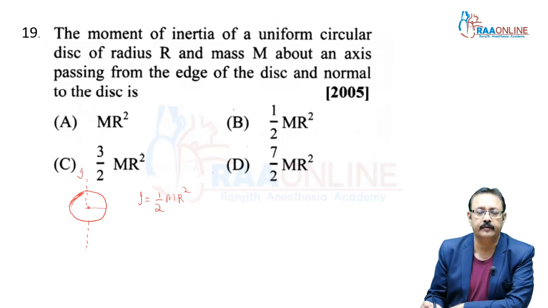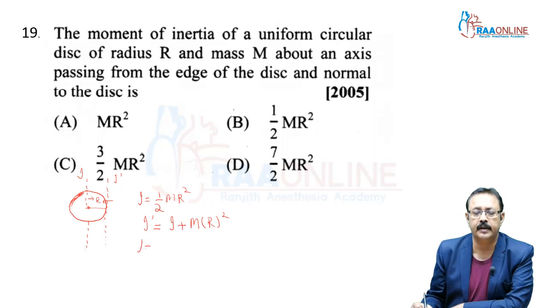You want to calculate about an axis which is parallel to this axis and passing through the edge, I dash. You can use the theorem of parallel axis: I plus m a square. What is a? A is r. The distance between these two parallel axes is equal to the radius of the disk. What was I? M r square by 2, plus m r square. So what we are getting? 3 by 2 m r square. So going with C.